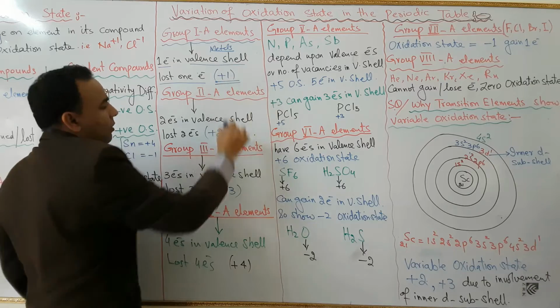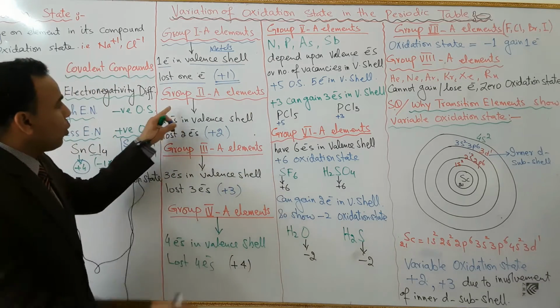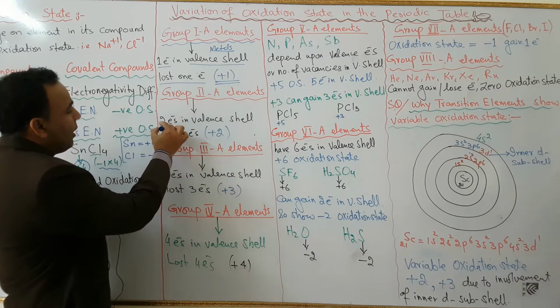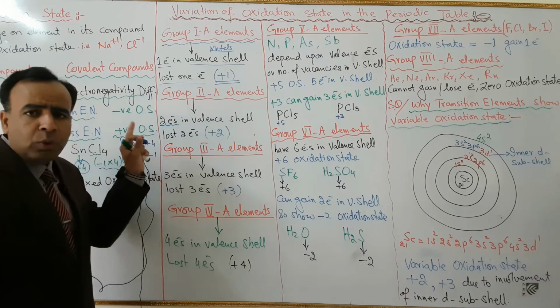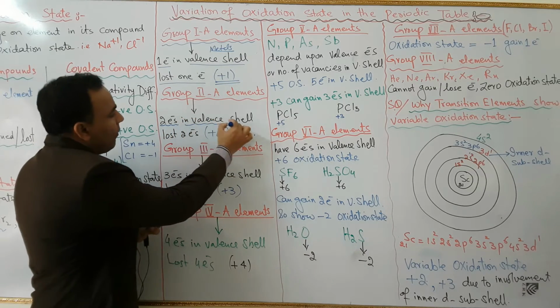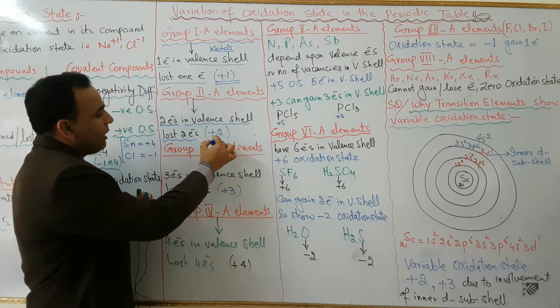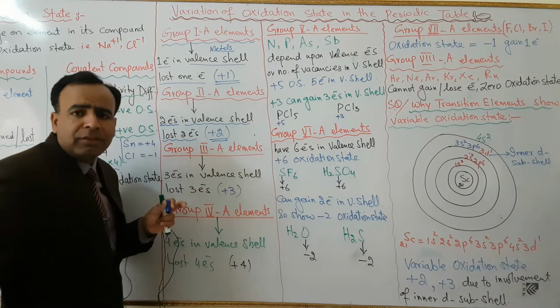Therefore, their oxidation state will be +1. In the case of group 2A elements, they have 2 electrons in their valence shell, so they can lose 2 electrons, so their oxidation state will be +2.